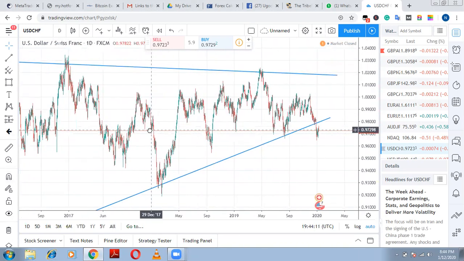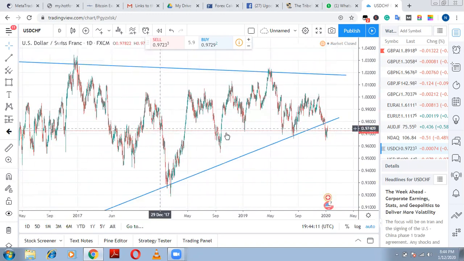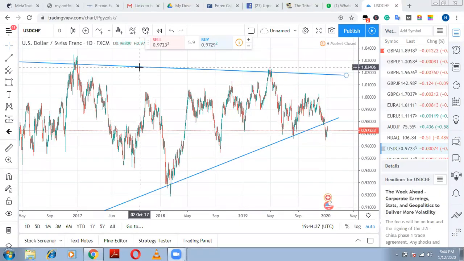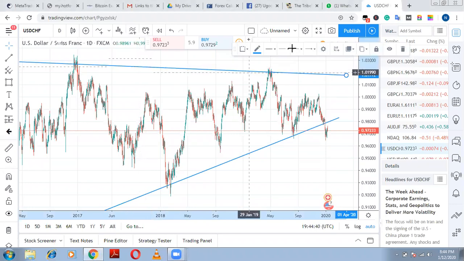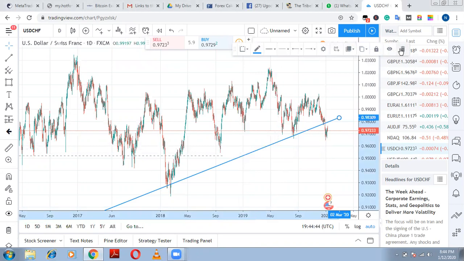This is quite large. On the daily, you can see here a breakout of this trend line as usual, a retest, and you can see a continuation. Do you understand? This might be big for us to understand, so let me remove this trend line.